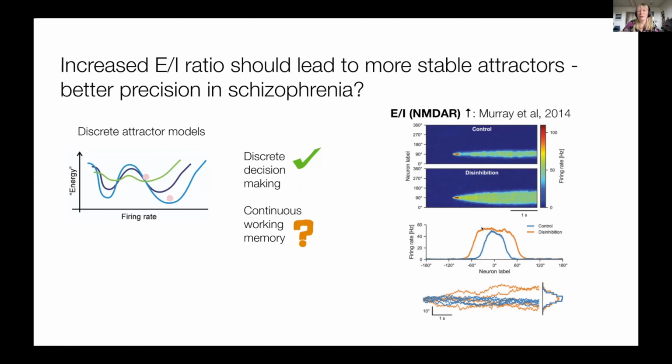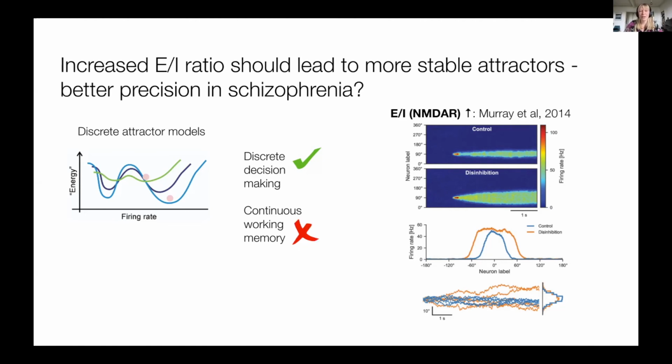Because their wells, or the attractors, are deeper, we have stronger firing rates, and we would expect memories to possibly diffuse less. However, what they found in this paper was that diffusion was in fact increased for the disinhibited condition of the network. So what we wondered here was why would increased attractor strength lead to more diffusion?